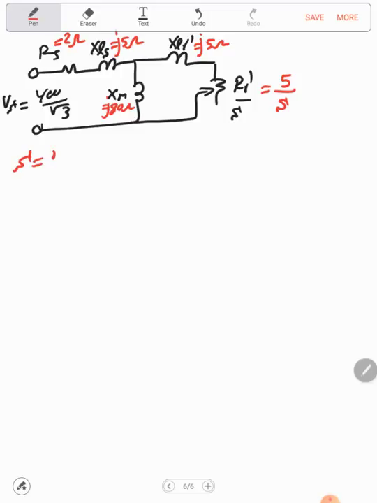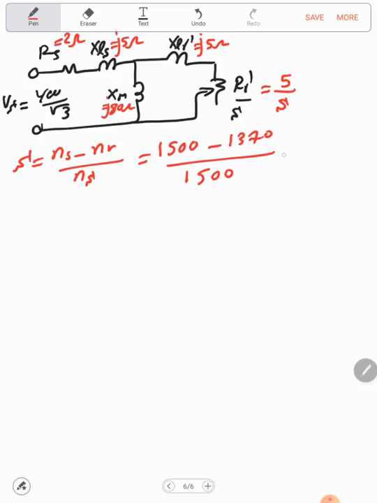The slip equals NS minus NR over NS, which equals 1500 minus the rated speed of 1370, over 1500. If we do the math, this equals 0.0866. So now we can calculate this value: 5 over 0.0866 equals 7.7 ohm.